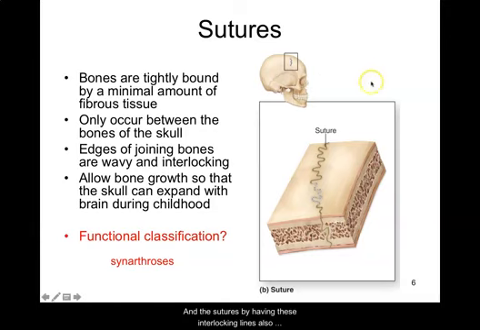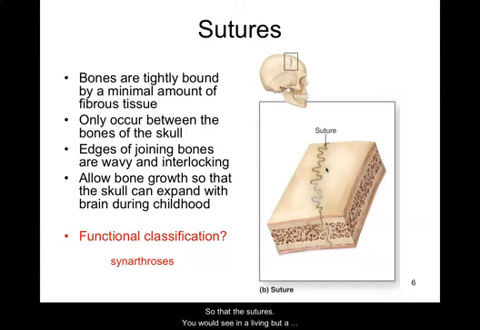And the sutures, by having these interlocking lines, also prevent the bones from shifting adjacent to one another. So it really tends to hold those 2 bones together nicely locked in place, providing a nice protection for the brain primarily and the sensory organs of your skull.